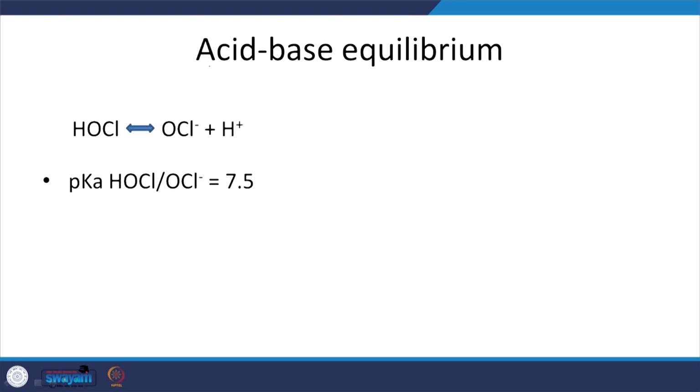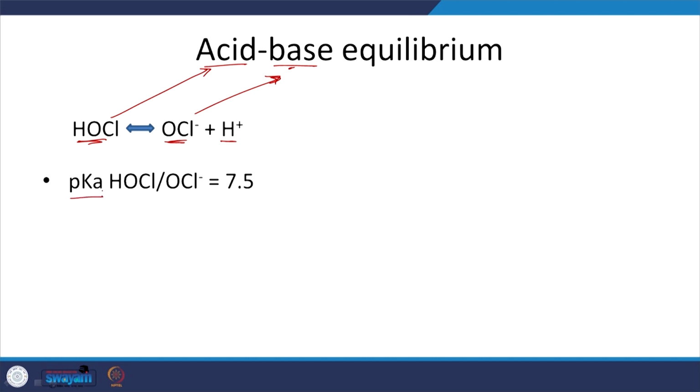So here we have an acid, HOCl, and a base, OCl minus. What is an acid? An acid is one which can give out a proton. What is a base? A base is one which can accept H plus, let's say. So that's one aspect.